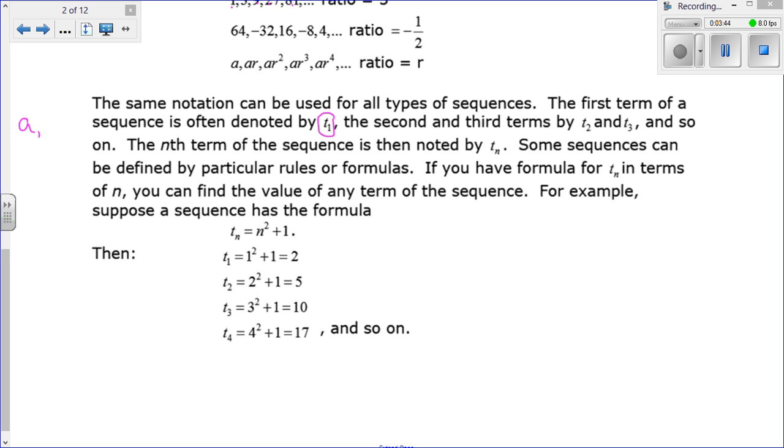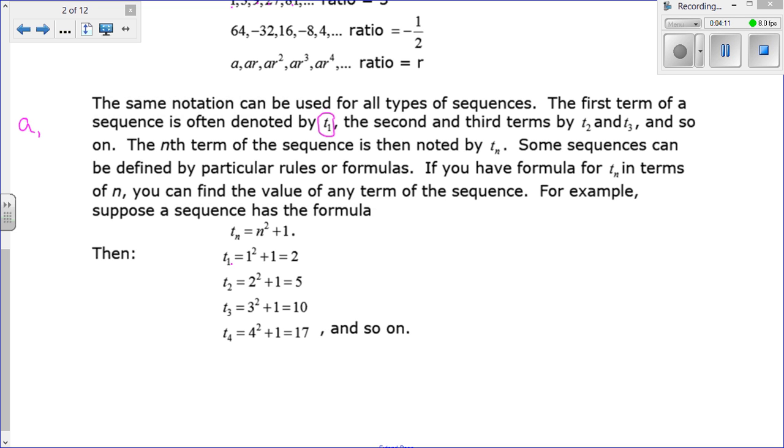Some sequences can be defined by particular rules or formulas. If you have a formula for t sub n in terms of n, you can find the value of any term of a sequence. For example, suppose a sequence has the formula t sub n equals n squared plus 1. If I want to find the first term, I just substitute 1 in for n. So 1 squared is 1, 1 plus 1 is 2. And then I'd substitute in 2 for t sub 2.